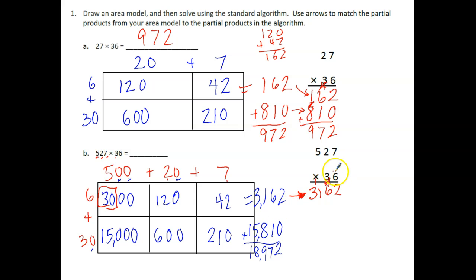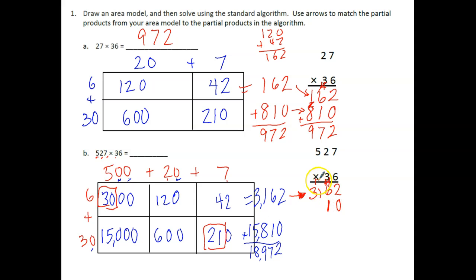Now I say, I'm done with my ones. Now I'm looking at my tens place here in my second factor. 3 tens times 7 is 21 tens. I can't put 21 in my tens place. I'm going to put a 0 in my ones place because I have no ones.